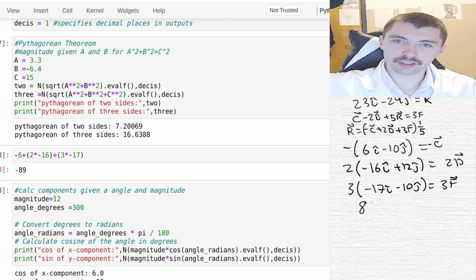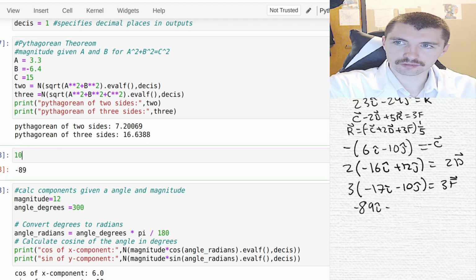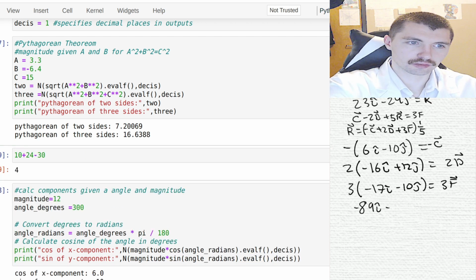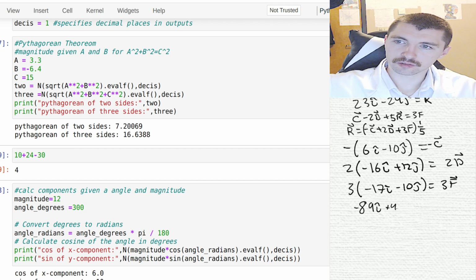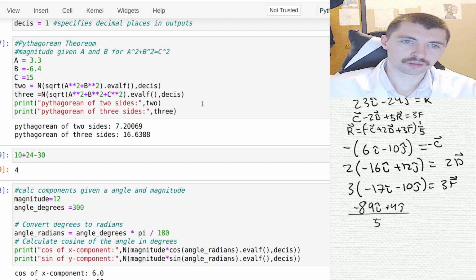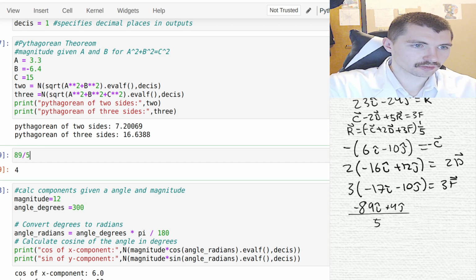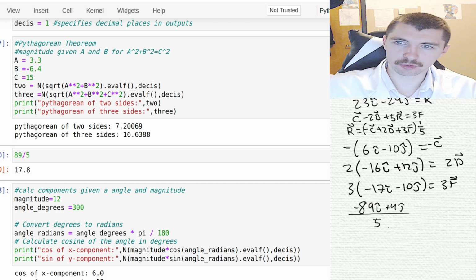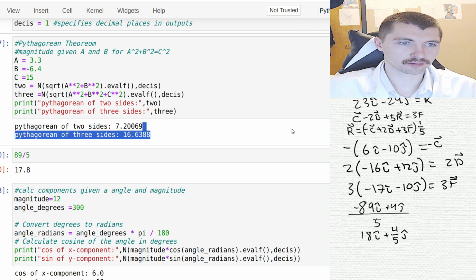So we have 89i, 10 plus 24 minus 30. So we will say that's our R.